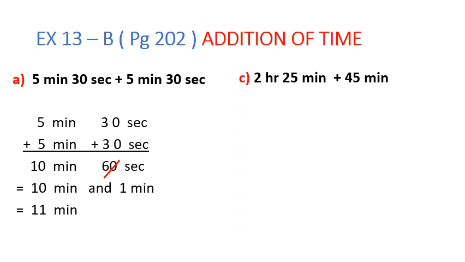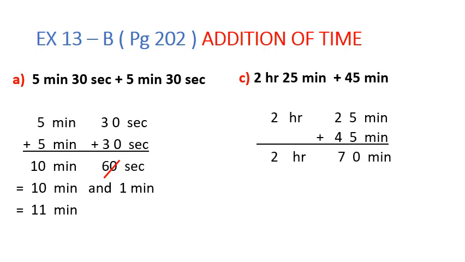Now see the second question. We are going to do C. 2 hours 25 minutes plus 45 minutes. Here also we are going to arrange them one by one down as two groups. Hours separately, minutes separately. So when we add minutes and hours separately, we will get 2 hours and 70 minutes.